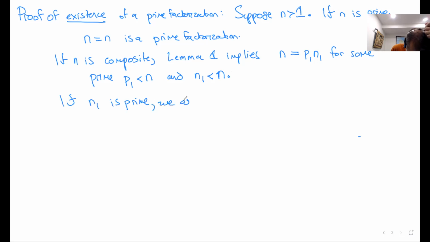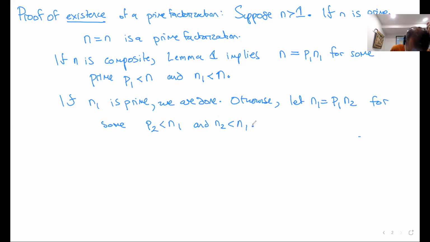Otherwise, let n1 be equal to p2 times n2 for some prime p2 less than n1 and n2 now strictly less than n1. And now we're just going to keep repeating this process, right? Shouldn't it be n1 equals p2 n2? Oh, sorry. Yeah, p2. My bad.